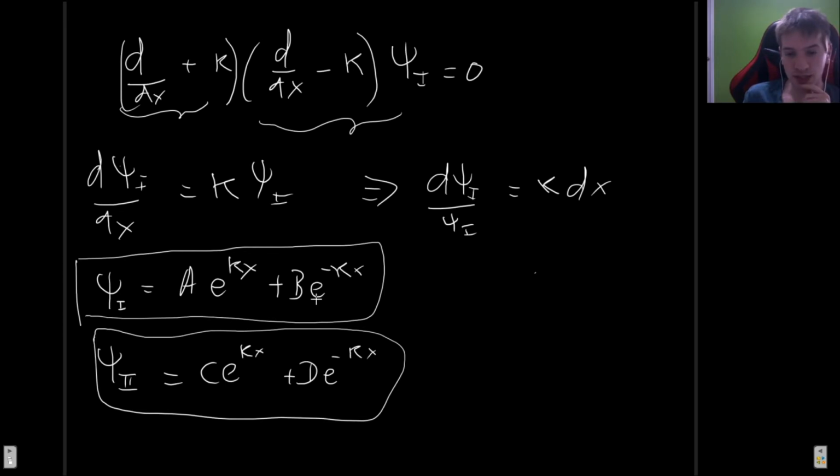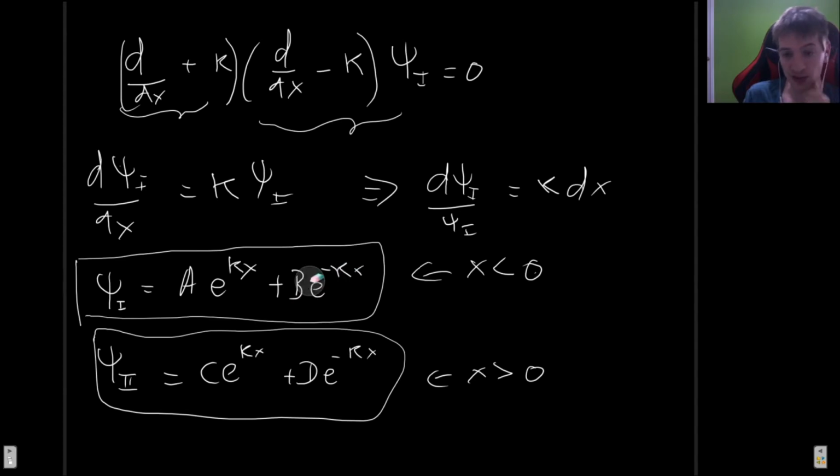But what we have to take into consideration now is that in region number 1, x is going to be negative, and in region number 2, x is going to be positive. So in order for our solutions to be normalizable, the solutions have to go to 0 as x goes to plus or minus infinity. So in the case of minus infinity, this term right here is going to be positive, right?